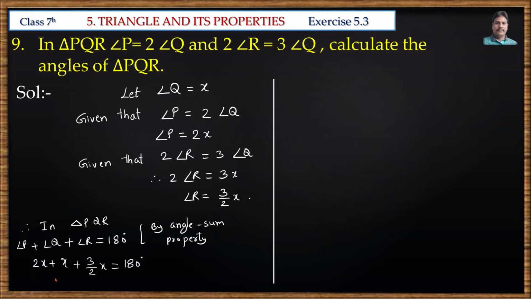Here we can take LCM. LCM will be 2. So two into 2x becomes 4x, plus 2 into x becomes 2x, plus here the LCM denominator, so take 3x is equal to 180 degrees.